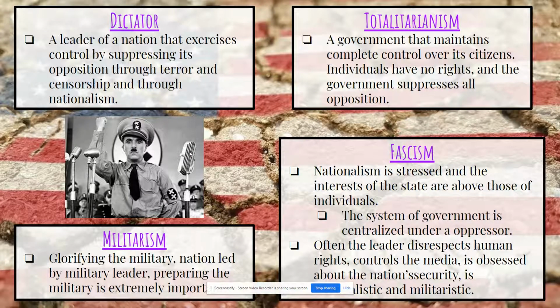A dictator is a leader of a nation that exercises control by suppressing its opposition through terror, censorship, and nationalism. Censorship means you don't get access to all the information. There is no freedom of press where everybody can expose everything. You are only told so much of the truth, so that you are motivated to support this idea.